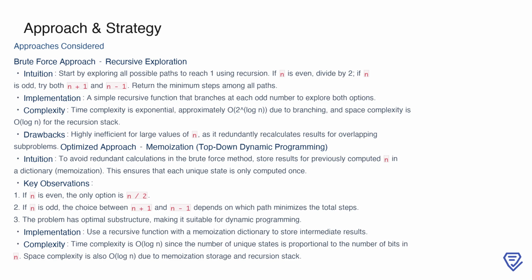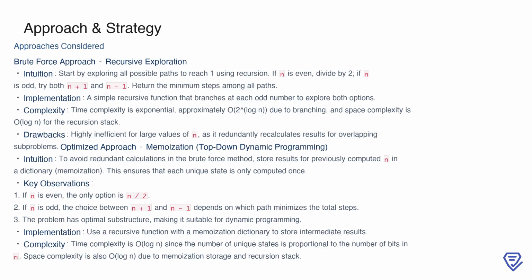While this approach is straightforward to implement, its inefficiency becomes apparent for larger values of n. The time complexity is exponential, roughly O(2^log n), due to the branching at each odd number, and the space complexity is O(log n), to account for the recursion stack. The primary drawback is that this approach redundantly recalculates results for overlapping subproblems, making it highly inefficient.